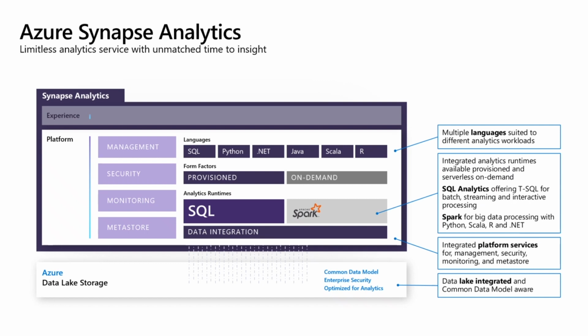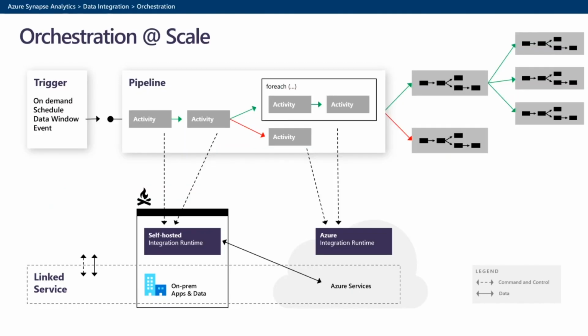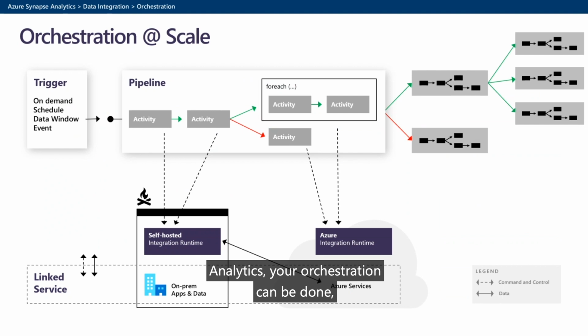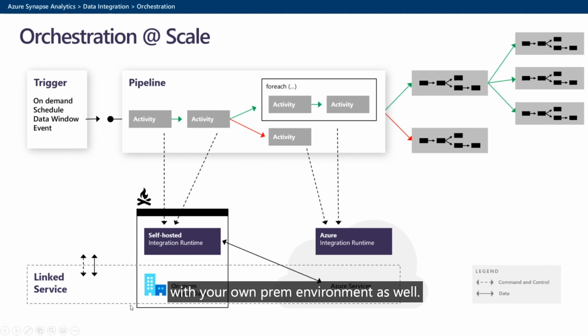So we have been going through this graph. One thing I didn't mention is that in Azure Synapse Analytics, your orchestration can be done with your own on-prem environment as well.